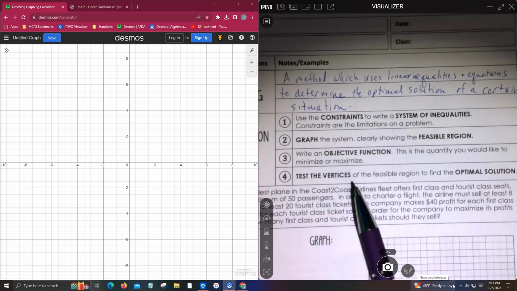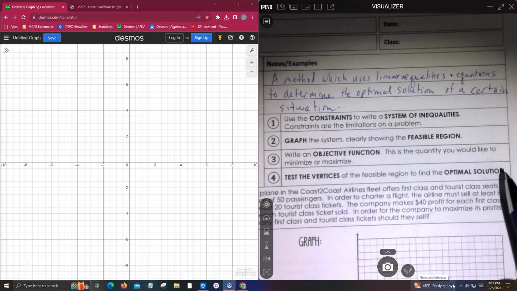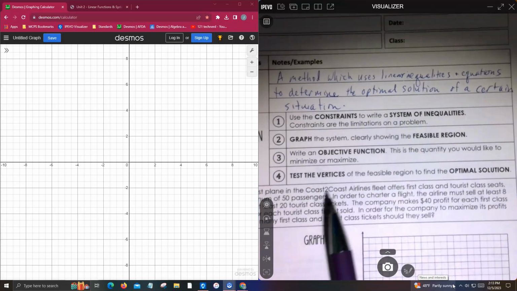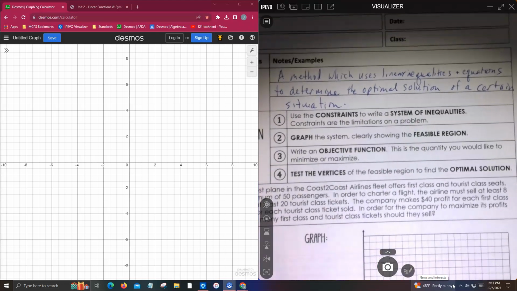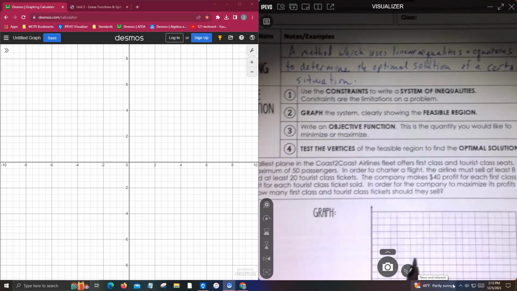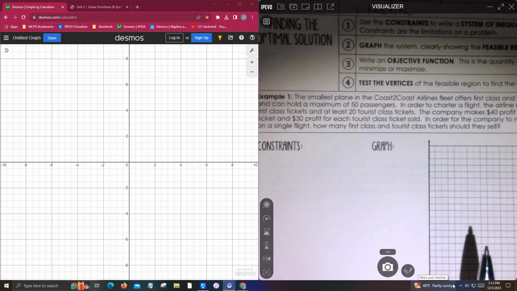Okay, and then you're going to test the vertices, which we'll talk about, of the feasible region, to determine what's called the optimal solution. Again, the vertices is because it's going to make some sort of shape. Vertices, if you remember, is like the triangle. If it were a triangle or a square, it's the points where the sides connect. Those are called vertices. All right, so I believe this first one will make a triangle when we get done.